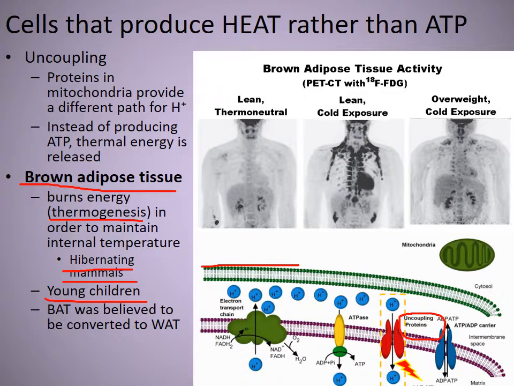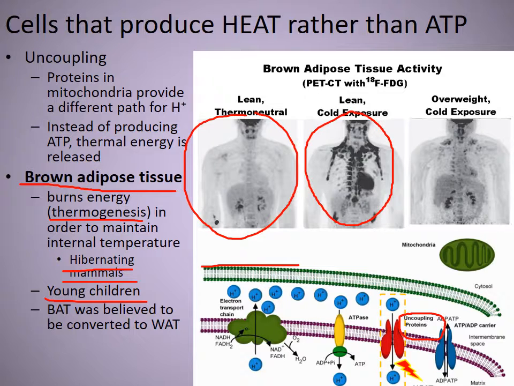Young children also have it. Again, so do adults. And if you take a look at this picture up here, brown adipose tissue is mostly located around your internal organs. As we can see here, a lean thermoneutral person, we don't see the activation of this brown adipose tissue creating heat. But when the same person is exposed to cold, we see that the brown adipose tissue is being activated and thermogenesis is created.